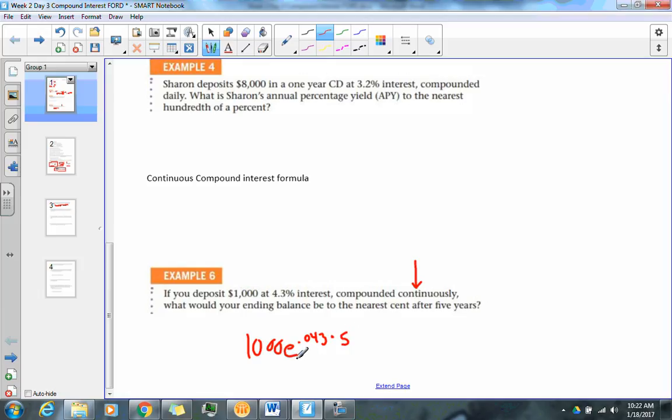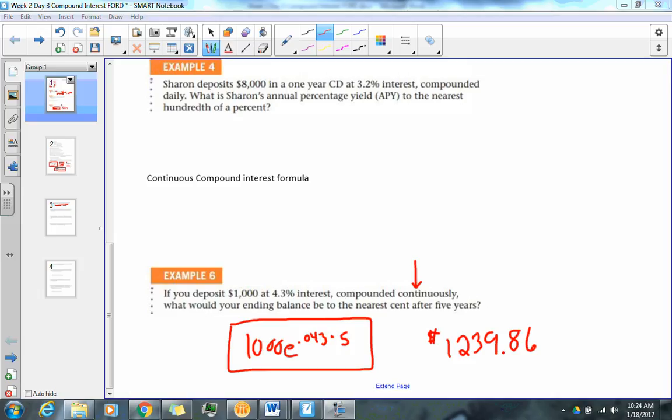Now, E is actually a function on your graphing calculator. All right, E is actually a function on your graphing calculator, and so you would literally type this into your graphing calculator and just press enter. And when you do that, you're going to get an answer of $1,239.86.